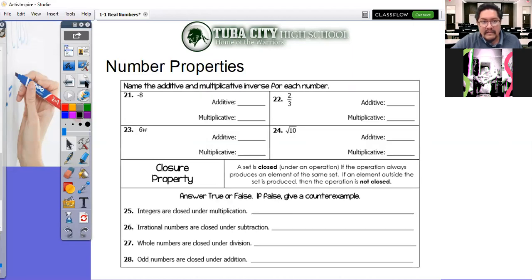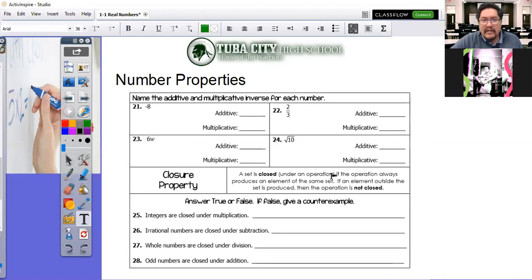With this one here, name the additive and multiplicative inverse for each number. Whew. For this one, we're going to have to use our properties. Let's say that we have -8, and I want to get to 0. What do I have to do to -8 to make it into 0?